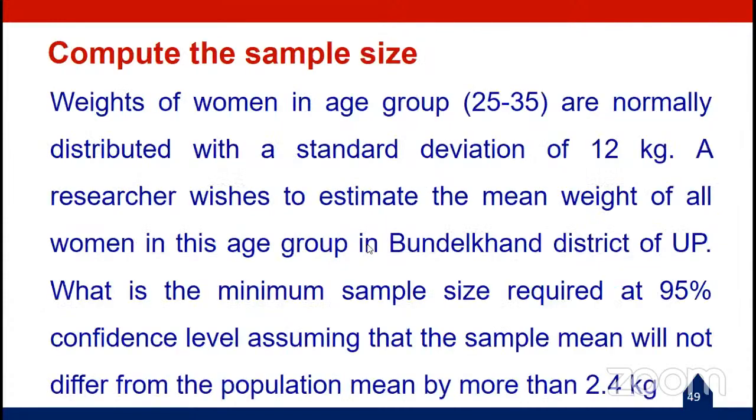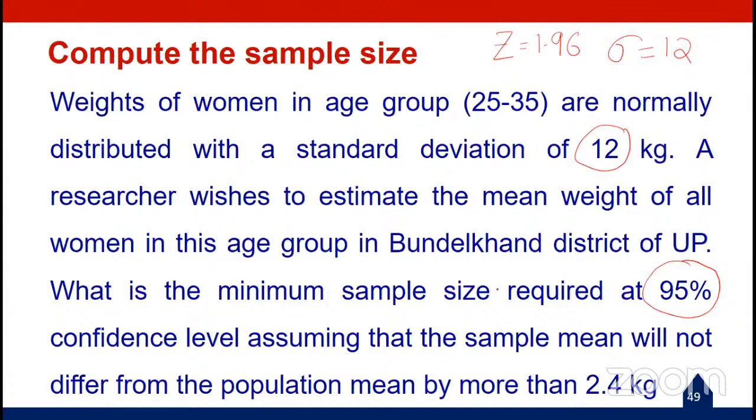So let's plug in the inputs. They say 95% confidence level, so the Z value is 1.96. And here they gave that the weights of women in the age group are normally distributed with a standard deviation of 12. So sigma is 12.